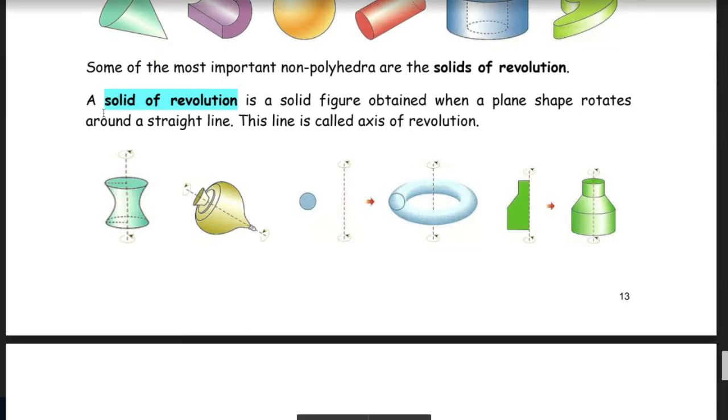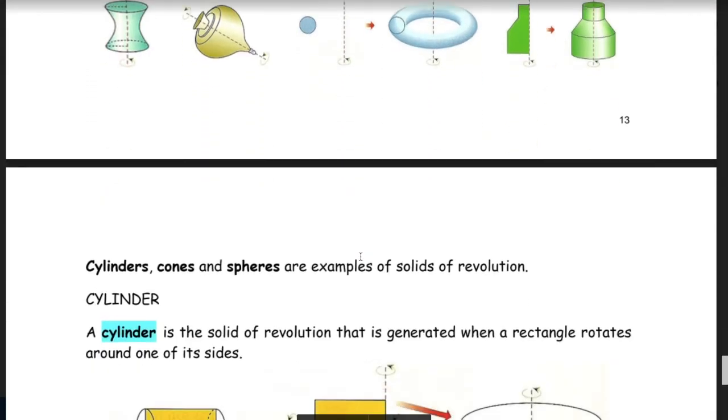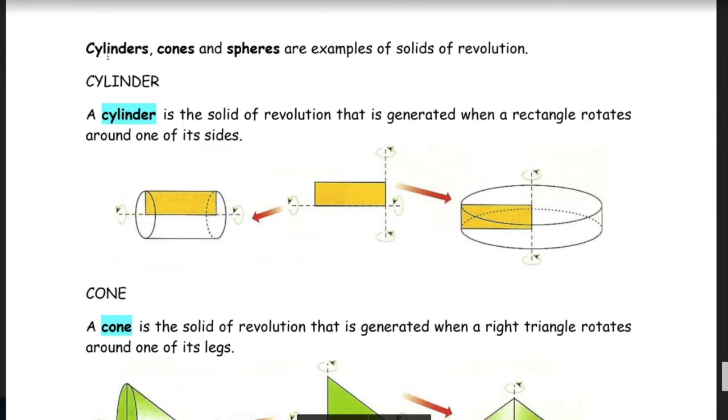So, a shape is a solid of revolution if you can place an axis of revolution down the center or next to it, and that shape can rotate around that axis evenly. Cylinders, cones, and spheres are examples of solids of revolution.